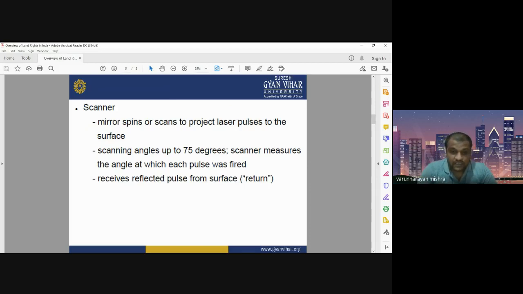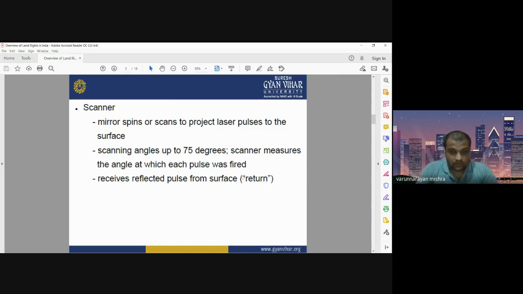Return means the amount of energy received by the receiver. So in lidar or laser, the reflected energy is considered as the return, meaning how much energy is returned to the receiver. In optical remote sensing, we call it reflected energy. In microwave we call it backscattered or scattered energy, but in case of lidar we call it return energy.